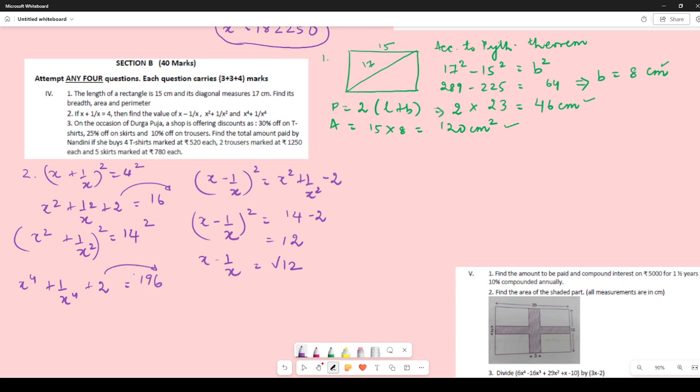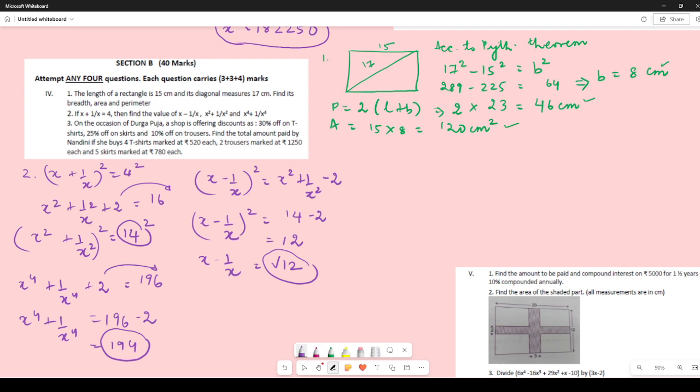Now you move this to this side and what you are left with is x to the power 4 plus 1 by x to the power 4 is equal to 196 minus 2, that is equal to 194. So these 3 will be your answers. I have written it over here: 14, root 12 and 194.